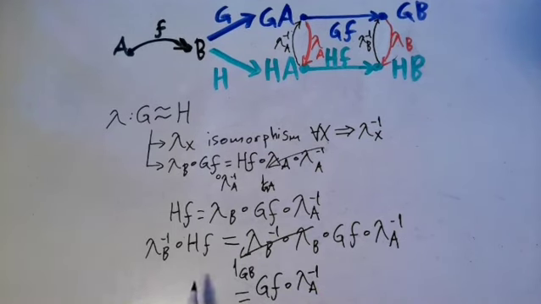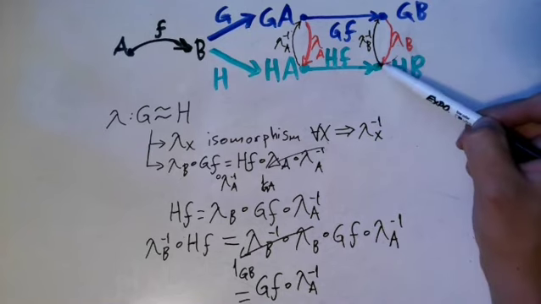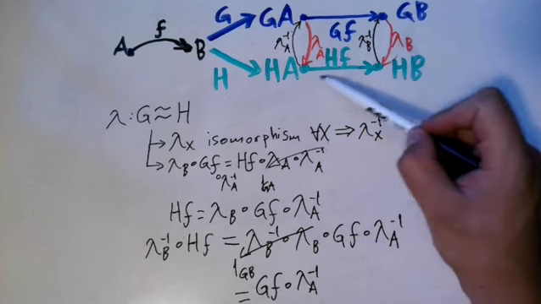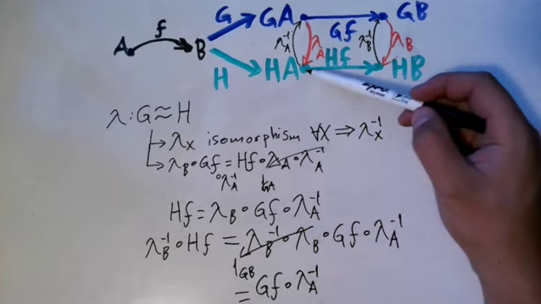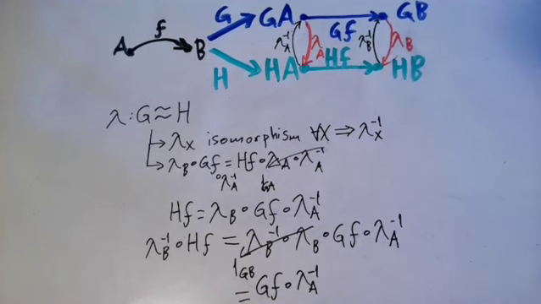But this is exactly the commutativity property that we were looking for: lambda B inverse after H of F is equal to G of F after lambda A inverse.